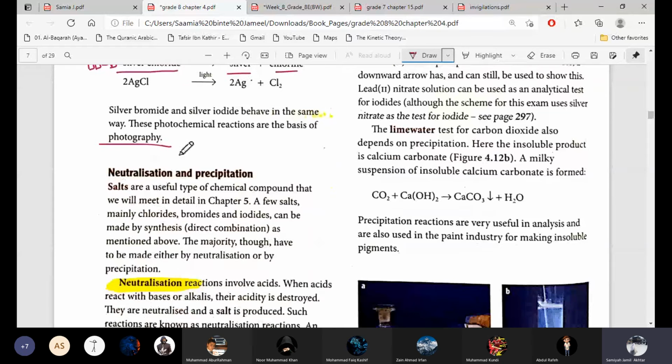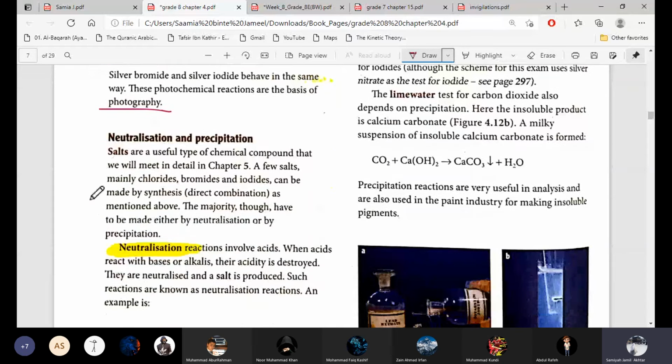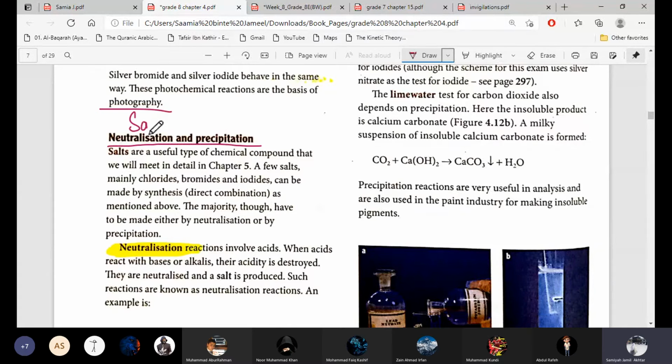Then the next two are neutralization and precipitation. In both of these reactions, salts are formed. But in neutralization reactions, mostly we prepare soluble salts, and in precipitation reactions, we form insoluble salts. So note this down.